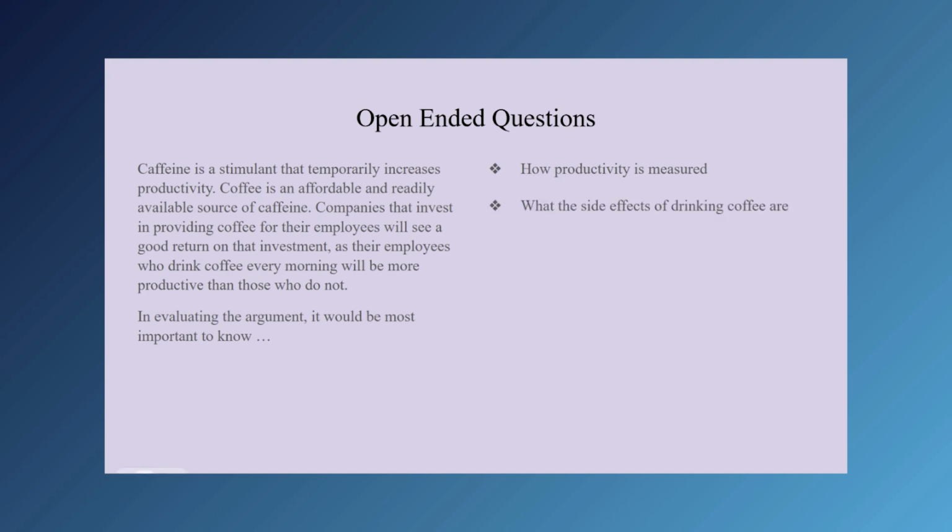How about what the side effects of drinking coffee are? There are a couple of different ways to test this question. First, try to pick a side effect that would affect the argument one way, and then try to pick a side effect that would affect it in a different way. Let's say one is jitters and the other is severe cardiovascular effects.